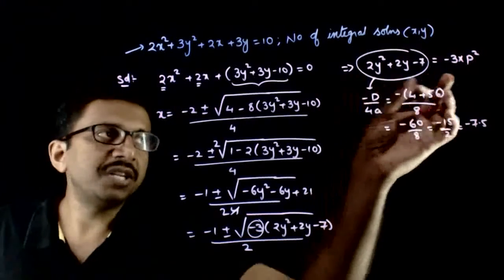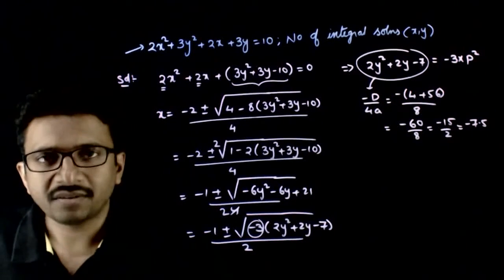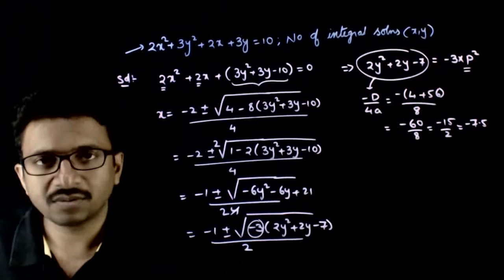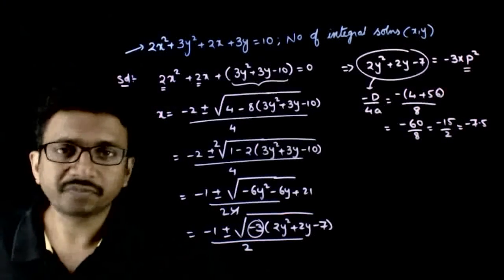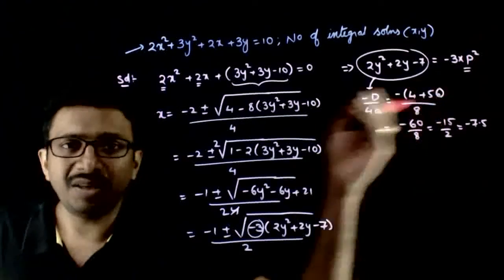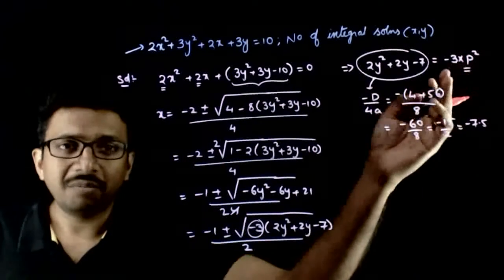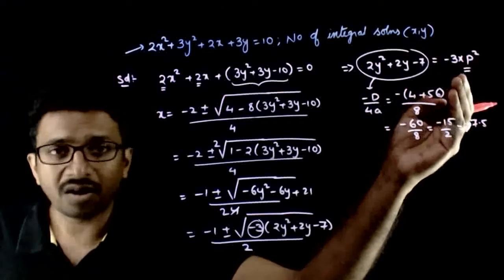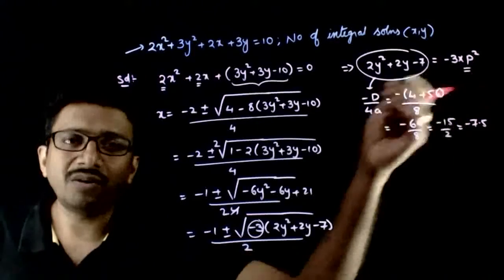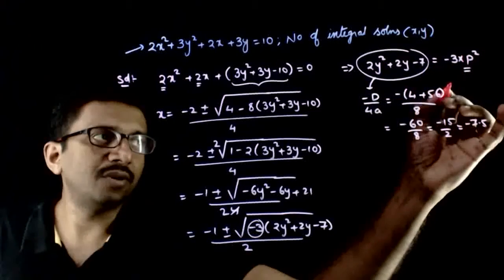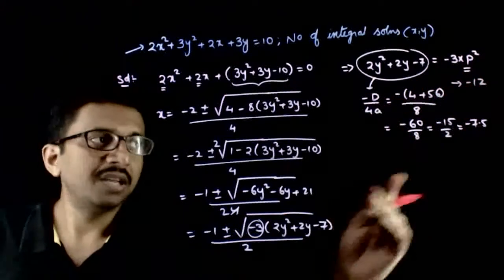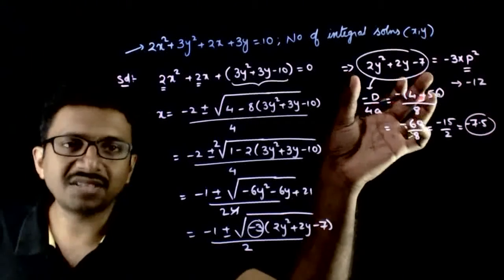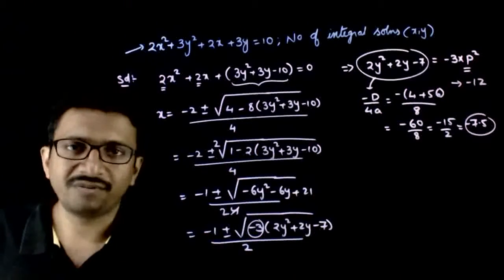So if this expression has to be equal to −3p², p can be 1, that's one option, or p can be 0. So p² can be 0 or 1, but it cannot be 4. If you take p² equal to 4, this expression becomes −12, but −7.5 is the minimum value of this side, so you cannot have this number less than −7.5.